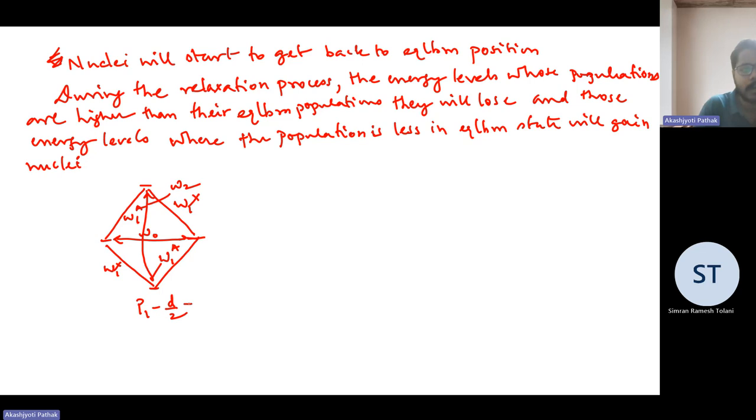T by 2 plus T. Here it will be P1 minus T by 2 minus T. And here it is P1 minus D by 2, and here it is P3, P3 minus D by 2.